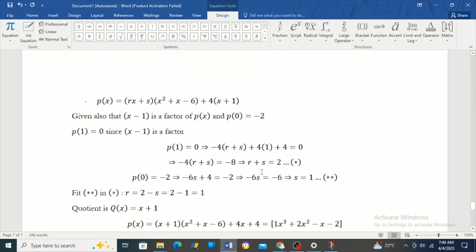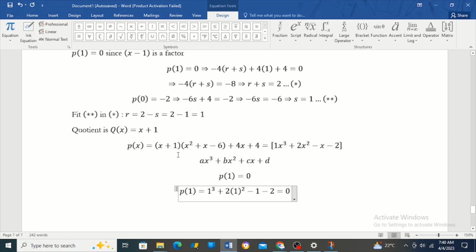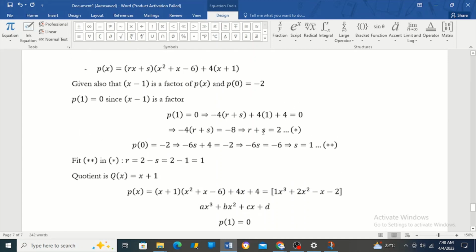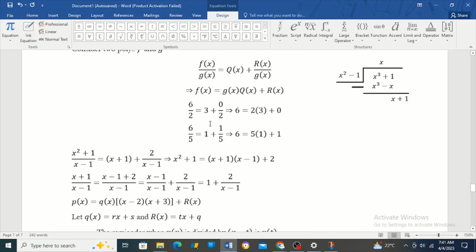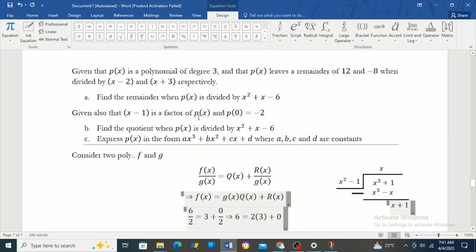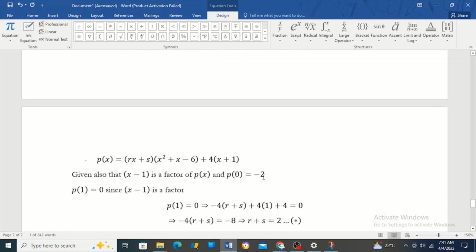Now let us see if p of 0 is negative 2. P of 0, we just have everything here 0, we get negative 2, so we are okay. Let us see if p of 2 is 12.